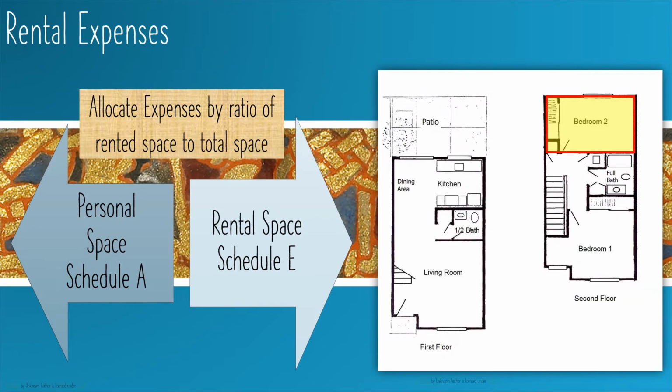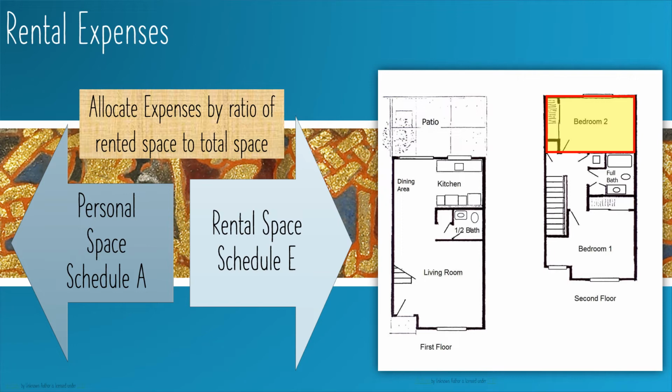Another way to allocate rental expenses would be rental square footage to the total home square footage. So this occurs in the case where you have a taxpayer who is just renting out one room of their home.